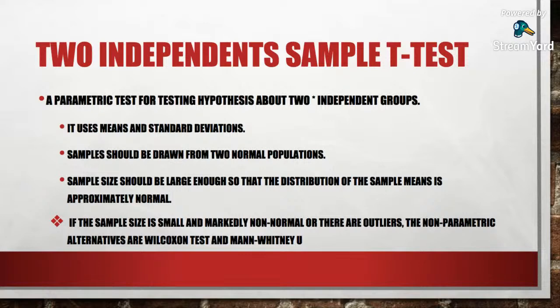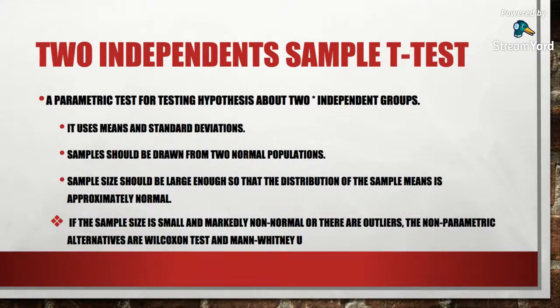And then we have here samples should be drawn from two normal populations. Okay, so that's another requirement, that the sample should be drawn from two normal populations.